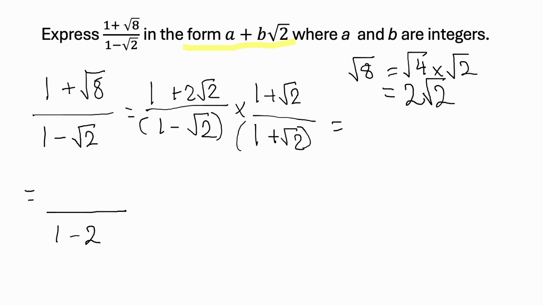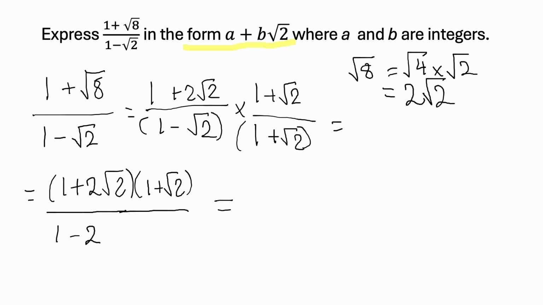And then for the top one, we have to expand those two brackets: 1 plus 2 root 2 times 1 plus root 2. Again, we can use our FOIL method. First, 1 times 1, which is 1. Outside, 1 times root 2, which is root 2. Inside, 2 root 2 times 1, which is 2 root 2.